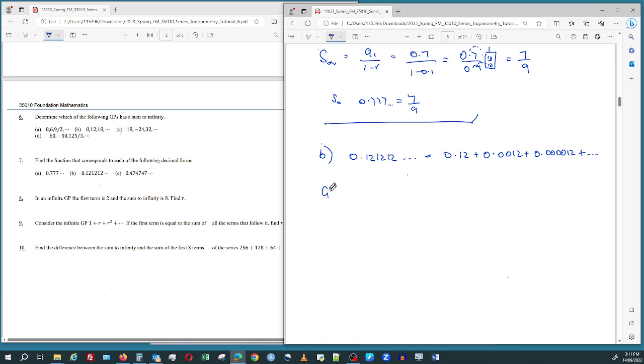So we need to then just go through the same process. Our first term, 0.12. R is, take a term and divide it by the previous term.